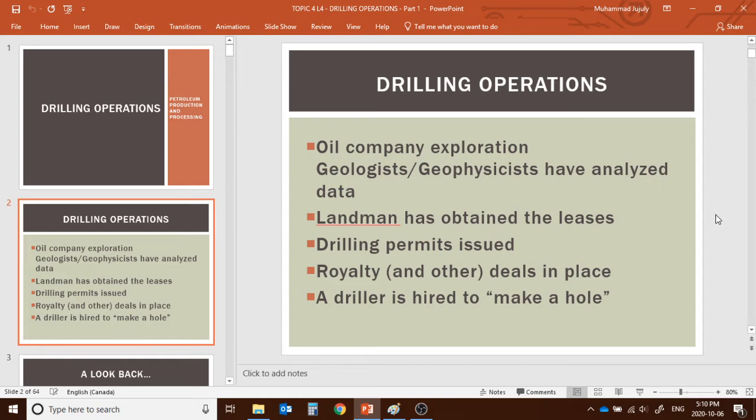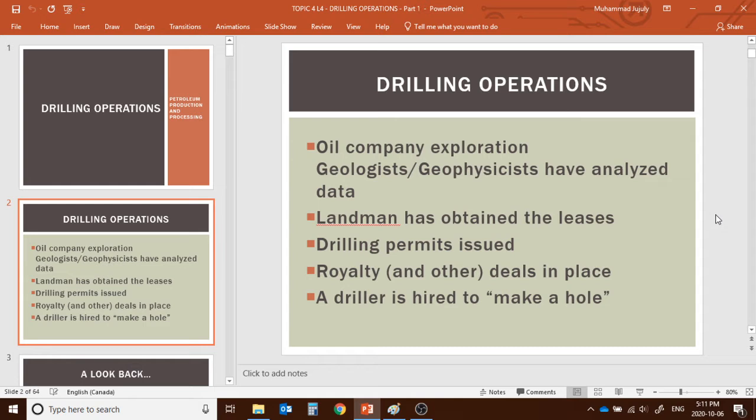In Canada, mostly the provincial government is responsible for all of this work.